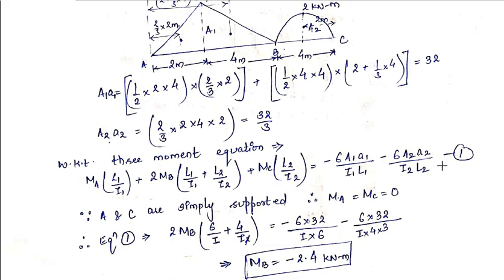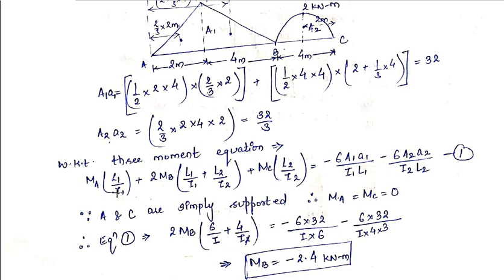So you have to take HA and HC terms in this equation only if the supports are yielding or settling. In this question we are not given that the supports are settling or yielding, so we will not take those terms containing HA and HC. So this will be your final three moment equation.